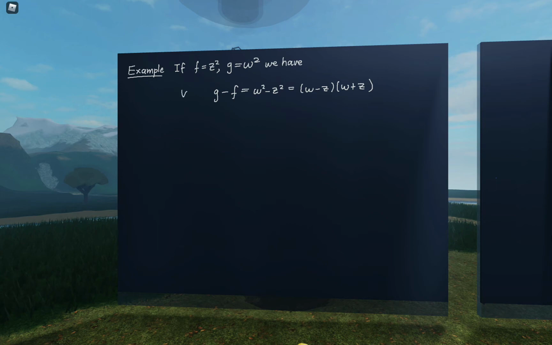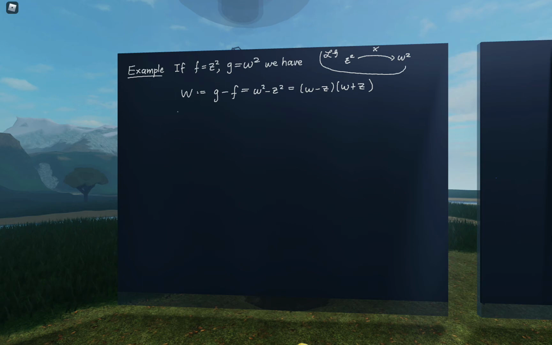So remember that in this bicategory that I'm claiming exists, an arrow from the polynomial f, which is z squared, to the polynomial w squared, which is another object, is some closed subset of the vanishing locus of the difference.